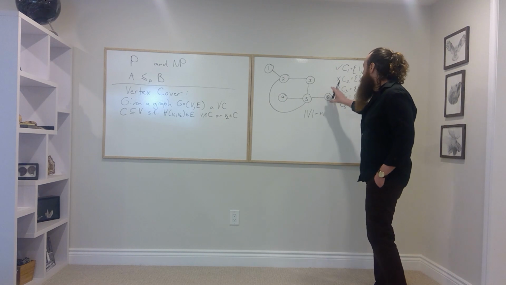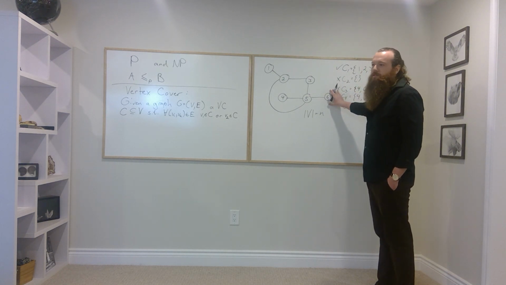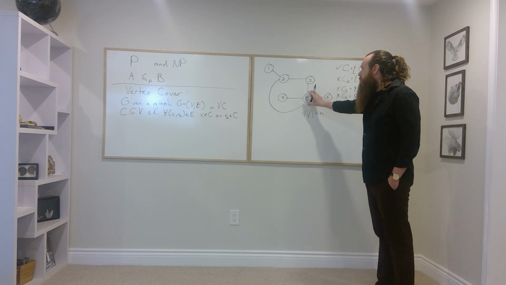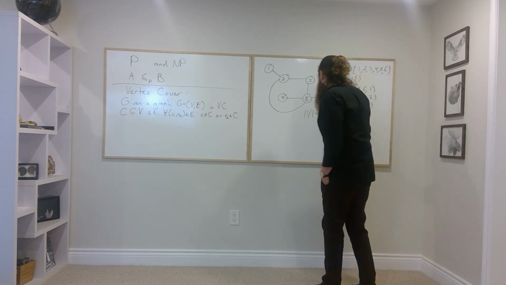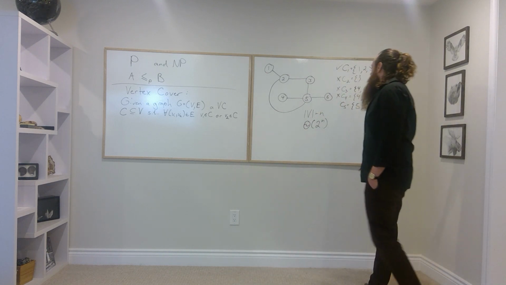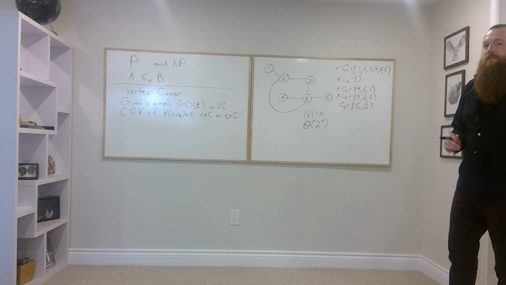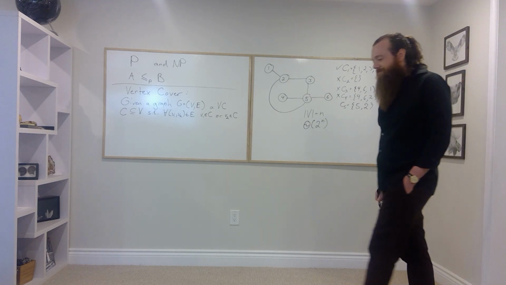Basically, you get a choice of 2 for every vertex. So you take a vertex, 6, do I include it, exclude it, include, exclude, include, exclude, make that choice n times, and you end up getting something on the order of 2 to the n potential vertex covers. So brute forcing, it's exponential.